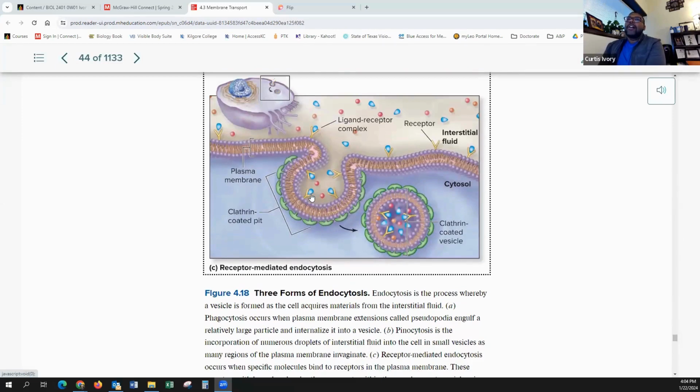And then here you have what's called receptor-mediated endocytosis. If something attaches to a receptor on those cells, it automatically tells that plasma membrane to go ahead and start invaginating and breaking whatever it is down.